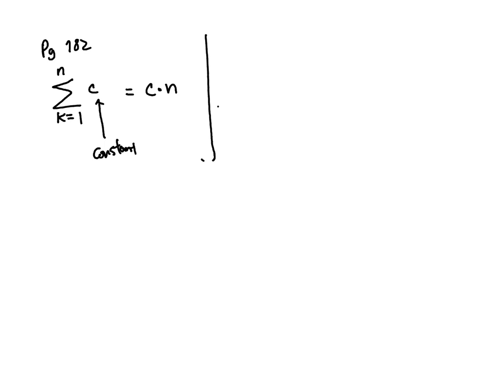And if you have the summation, again, starting at 1, ends at n, and you have a constant multiplied by a function, what it does is that you can take that c, put it in the front, so you can evaluate the function first, then multiply everything by c.